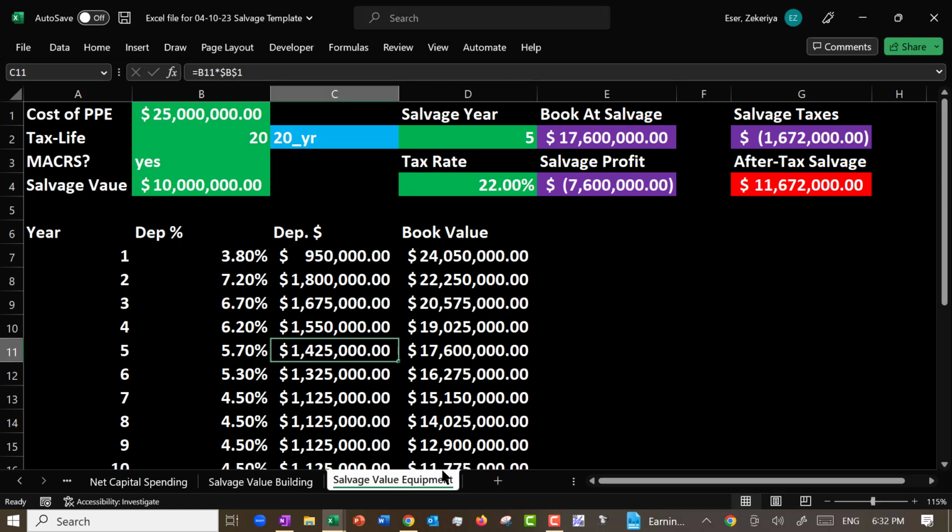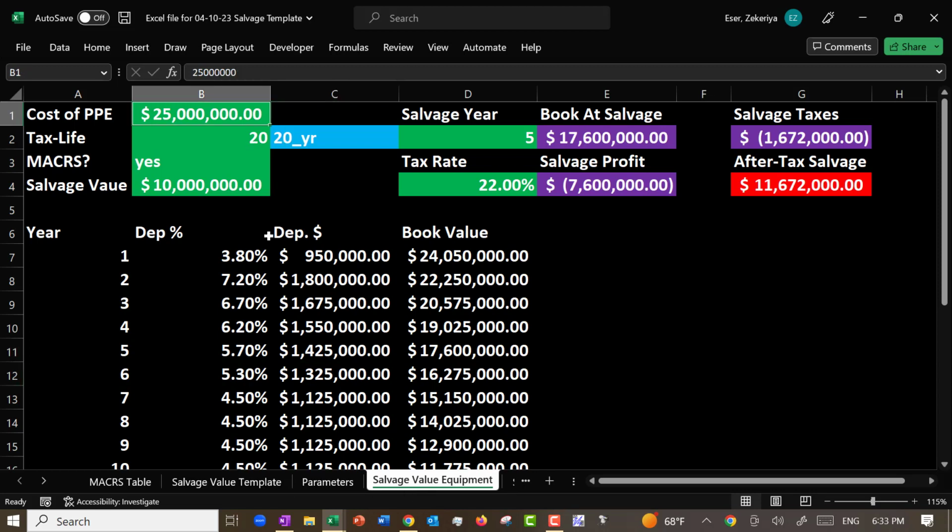I'm going to move these closer to parameters, so that navigating is easier. Salvage value equipment. Cost of purchasing, 25.